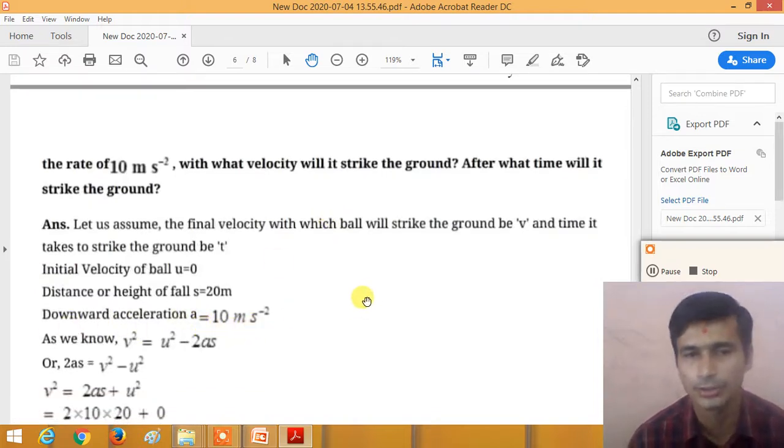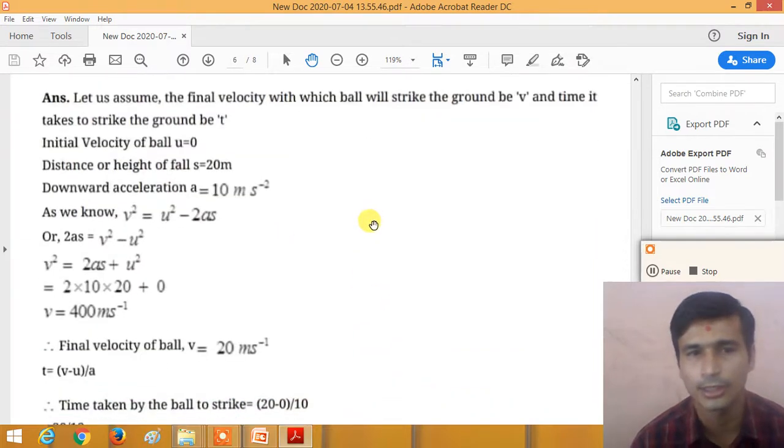So dear student, the initial velocity u is 0, the height of fall s is 20 meter, and acceleration a is 10 meter per second square. According to the distance velocity relation, 2as is equal to v square minus u square.